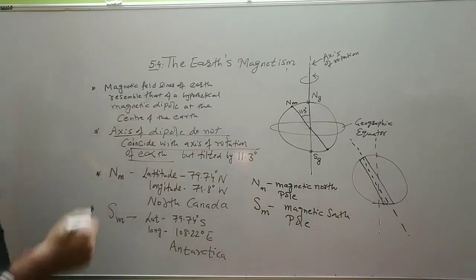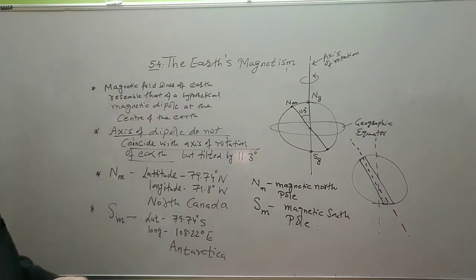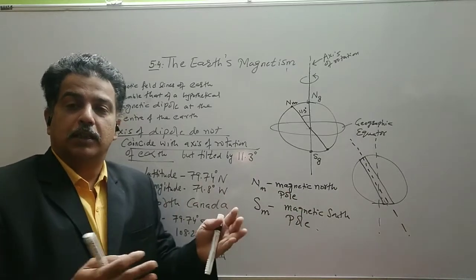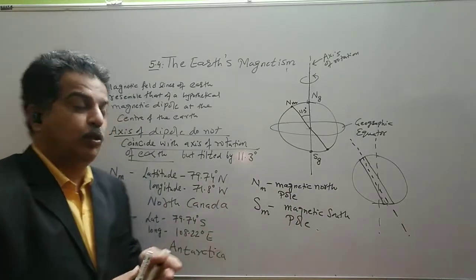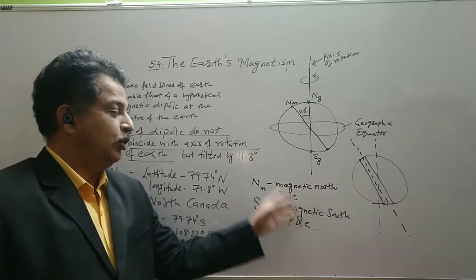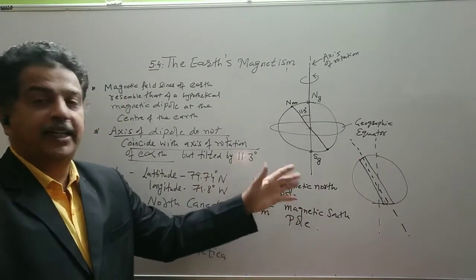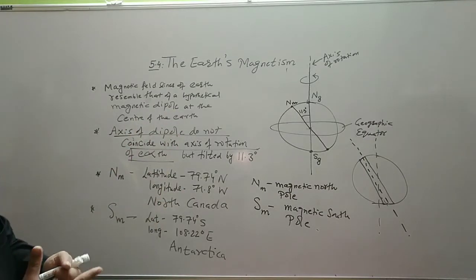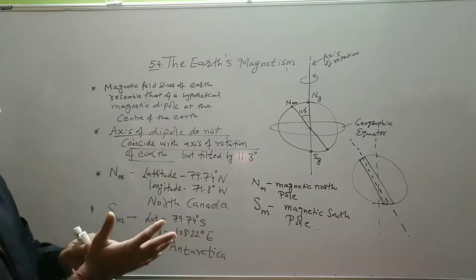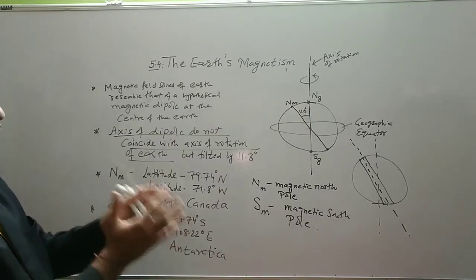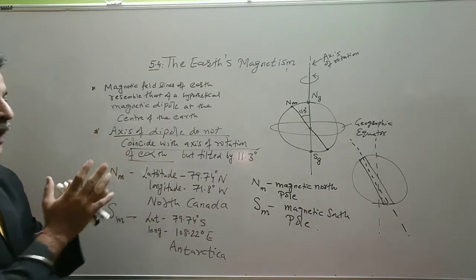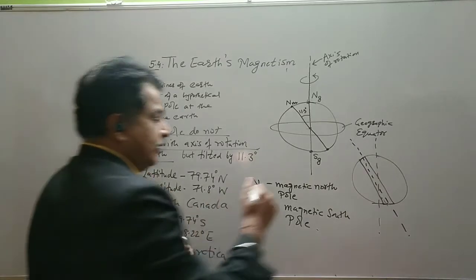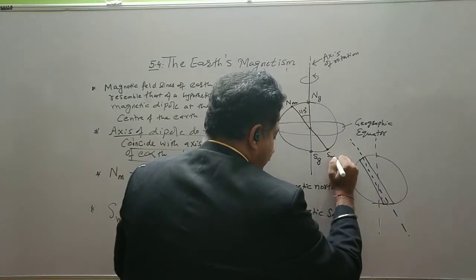Because the needle was always pointing towards the north, this point is named the North Pole, that is, the magnetic North Pole. It has a magnetic property. So the geographic poles are different, and if we consider Earth a huge magnet, then its north and south poles are different, which are named the magnetic North Pole and the magnetic South Pole.